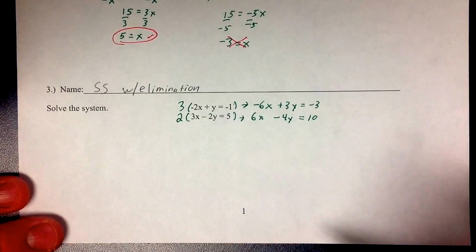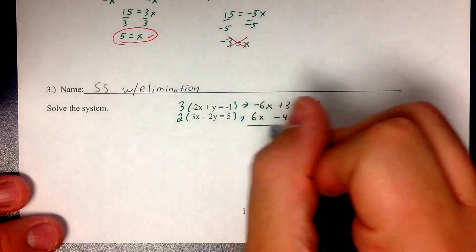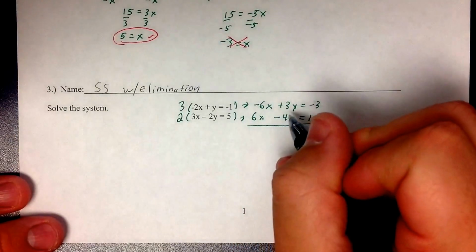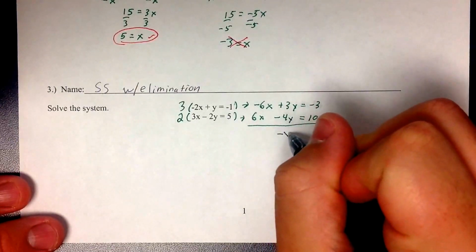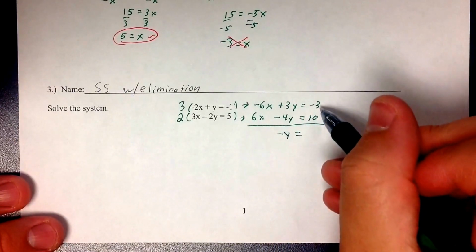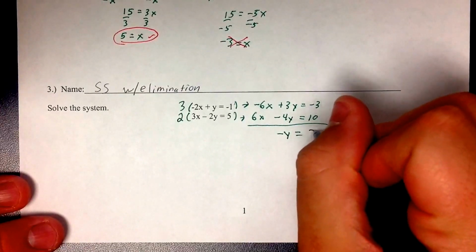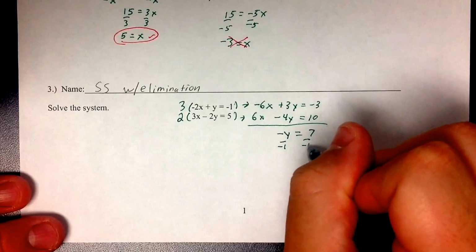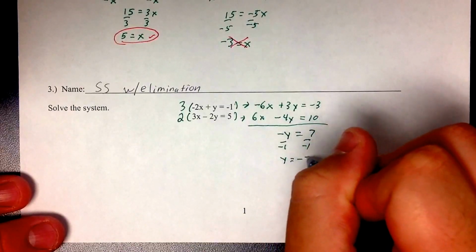So now I'm ready to add the two together. So this negative 6x and 6x would drop out. 3y and negative 4y is negative y. Negative 3 and 10 is 7. Then I would have to divide by negative 1. So I get y equals negative 7.